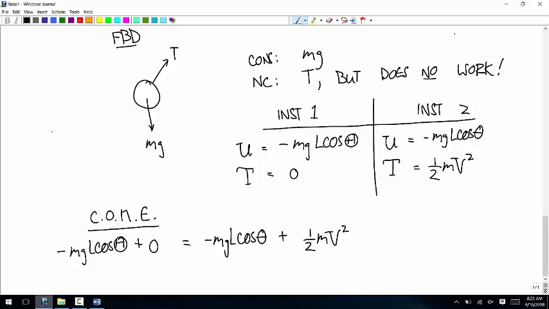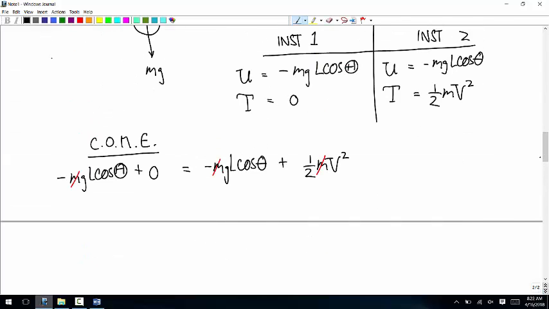Now we can cancel out the m's, multiply everything by 2, and you get negative 2gl cosine capital theta plus 2gl cosine of lowercase theta is equal to v squared.